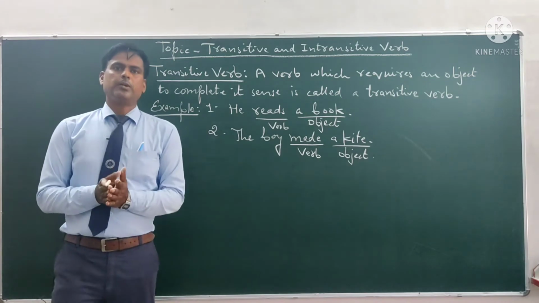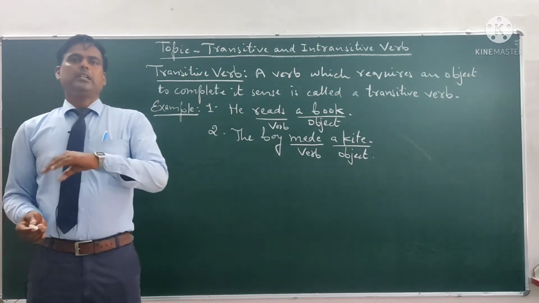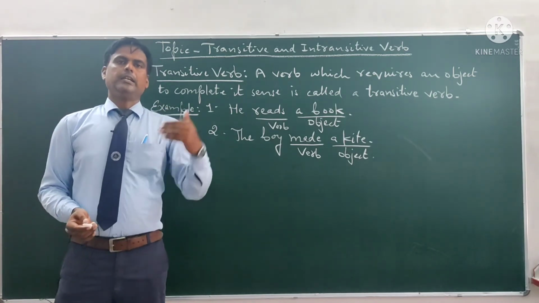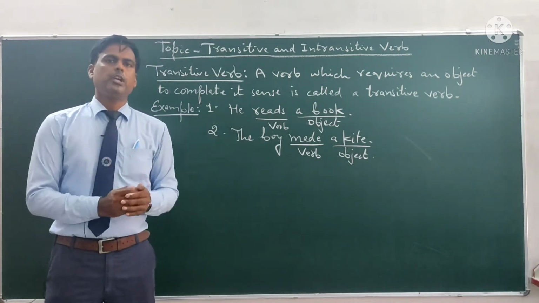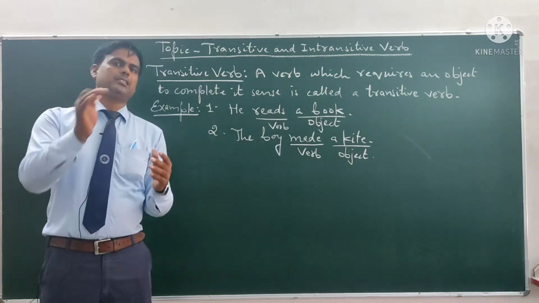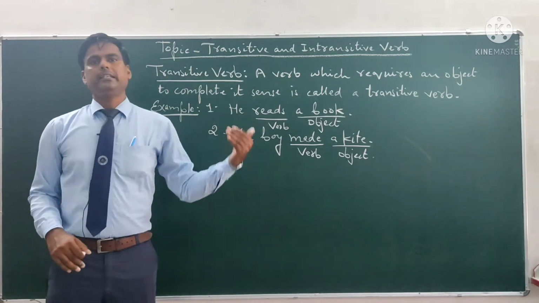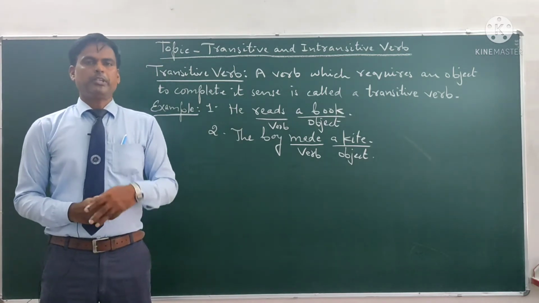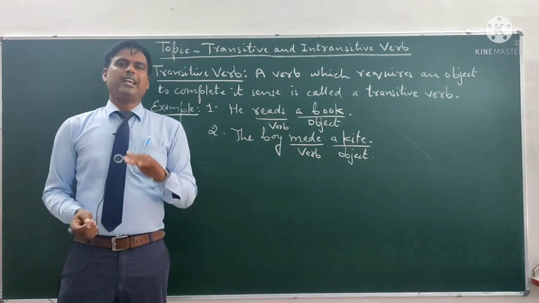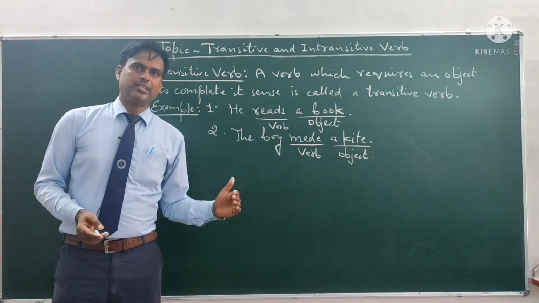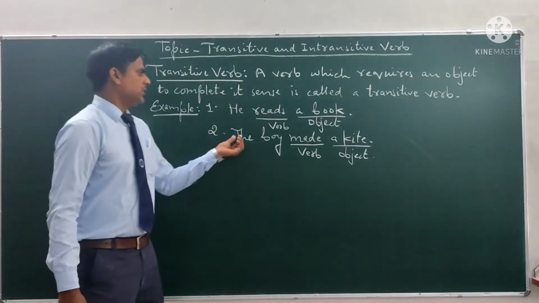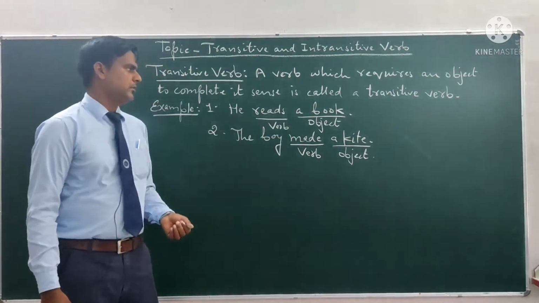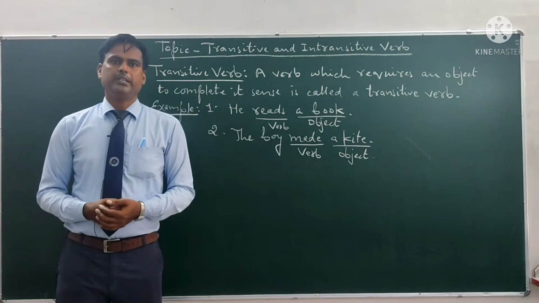There are a few verbs which can be used either transitively or intransitively. But there are only a few verbs which can only be used transitively or intransitively. Most of the verbs can be used as either transitive verb or intransitive verb. For example, the boy made, the sentence is incomplete.